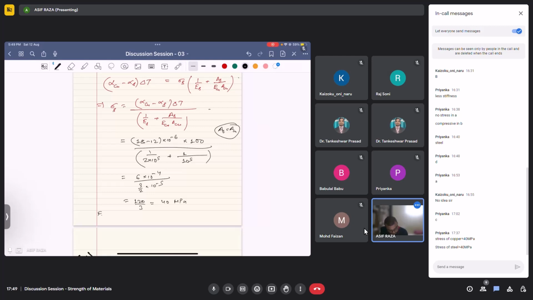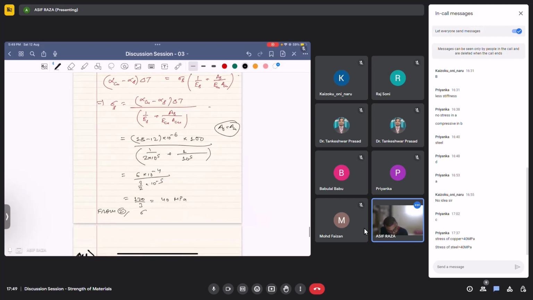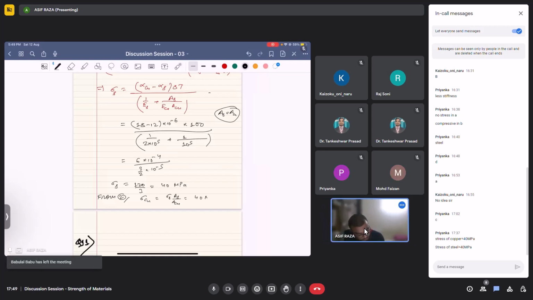Now from this, sigma Cu would be equal to sigma S AS upon ACU, and AS upon ACU is equal to 1, so this would be equal to 40 MPa.